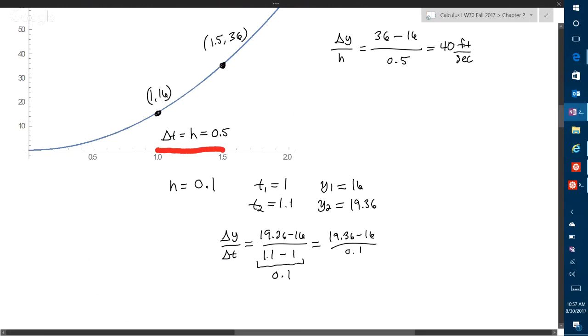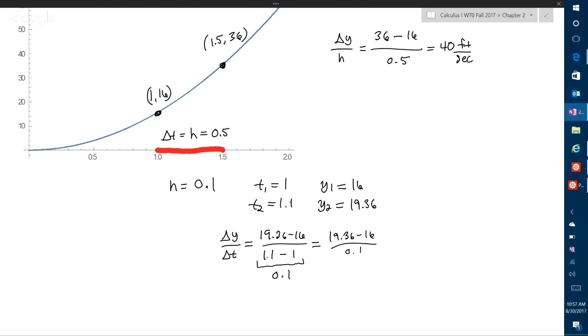Let's see what we get back. You should get back 33.6. Is that what you guys got back?